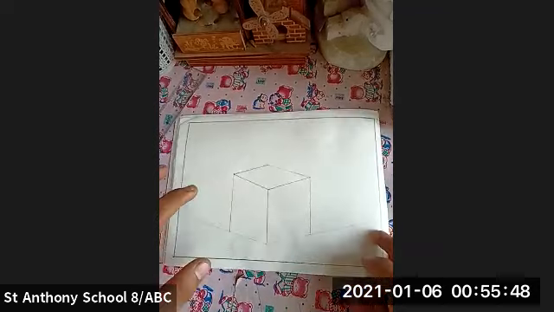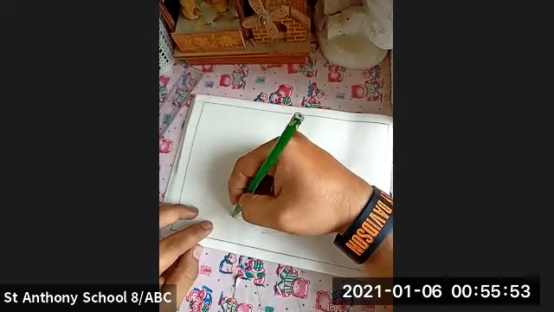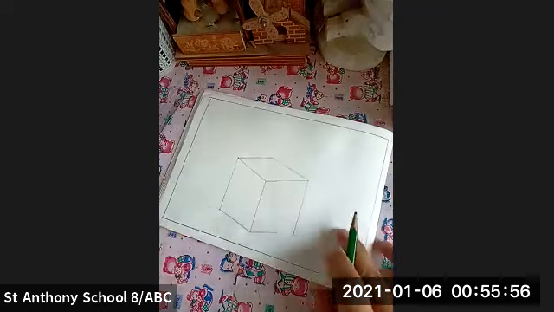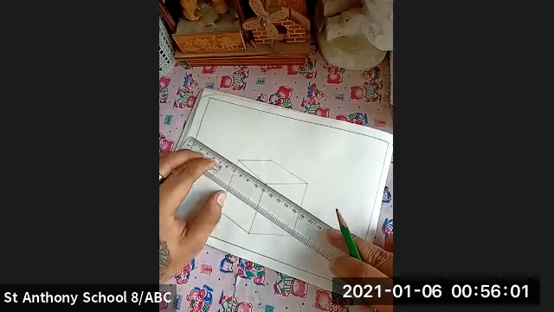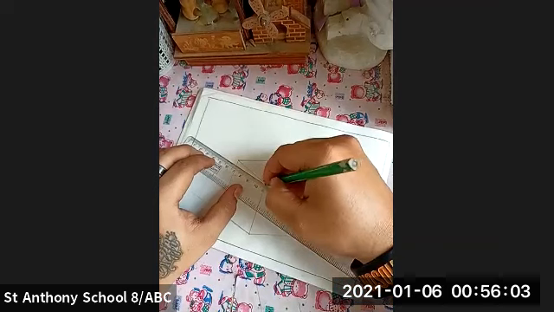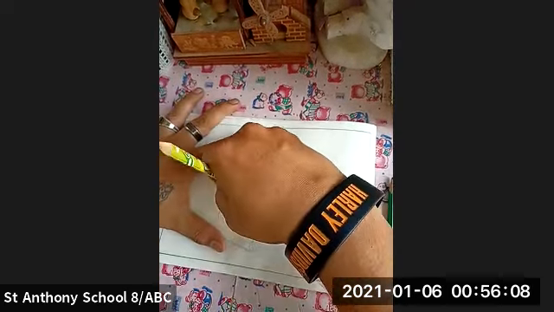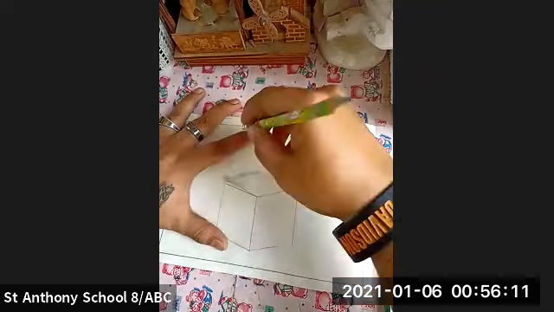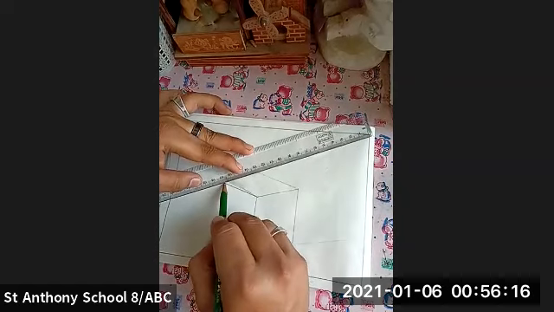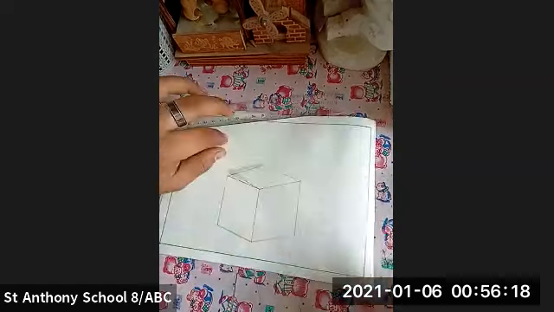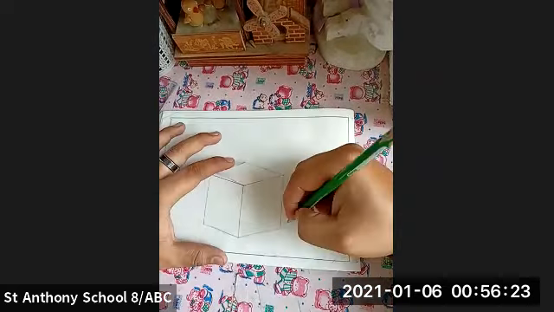So this is how I've drawn the cube. Okay, so here I have drawn the cube in this way. Now I'm going to draw a cuboid at the back.